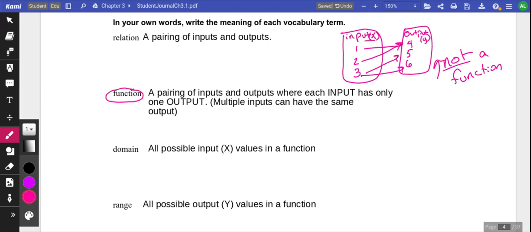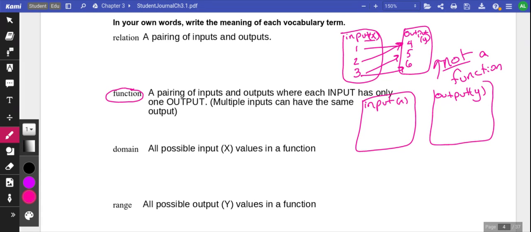For it to be a function, over here I'm going to make my inputs and output over here. Let me do 1, 2, and 3 again. Every input can only go to one output on a function.